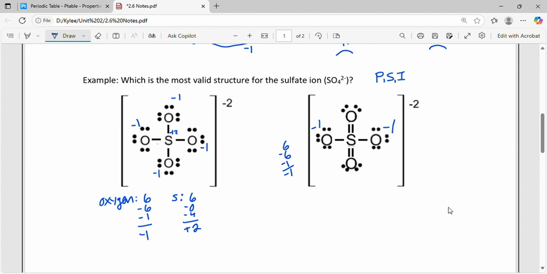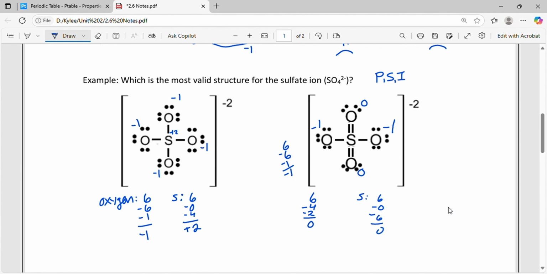The oxygens on the top and the oxygens on the bottom, though, we have 6 valence electrons, minus 4 lone pair electrons, minus 2 bonds. That oxygen now has a formal charge of 0. And then if we look at sulfur, sulfur has 6 valence electrons, minus no lone pairs, minus 1, 2, 3, 4, 5, 6 bonds.